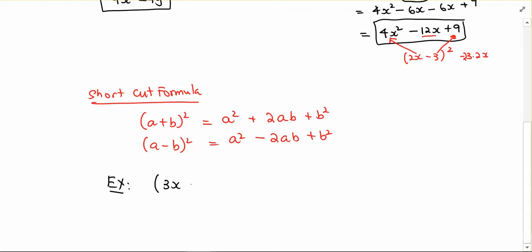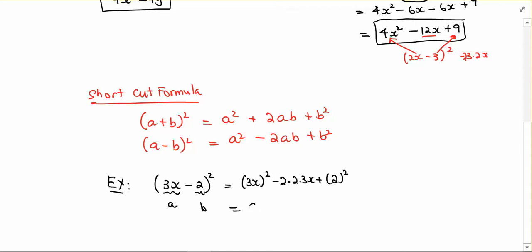Let's say we had 3x minus 2 squared. Well, this here is like my a, this is like my b, so we get a squared, which is 3x squared, b squared, which is 2 squared, and in the middle you have minus 2 times 2 times 3x.